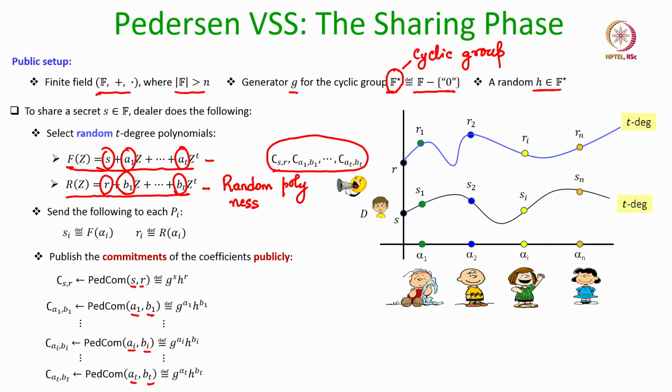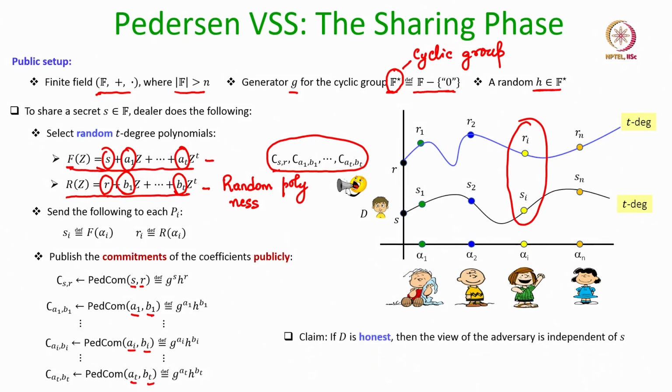Okay. And the ith point on the sharing polynomial and the randomness polynomial will be given to the ith party. Now, this protocol is unlike your bivariate polynomial based VSS schemes, which we had seen in the perfect security world and the statistical security world. There, to prove that the dealer is following the protocol properly, that it has distributed consistent polynomials, we use the pairwise consistency property of bivariate polynomial, but here we do not require any bivariate polynomials.